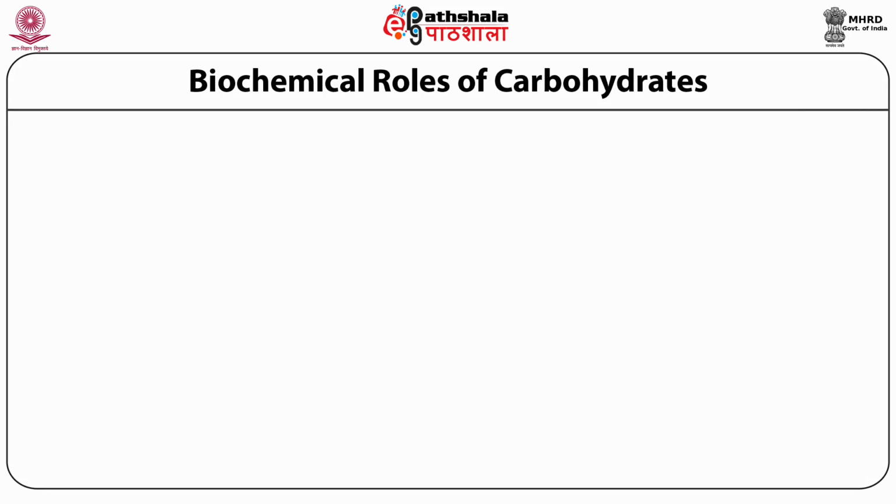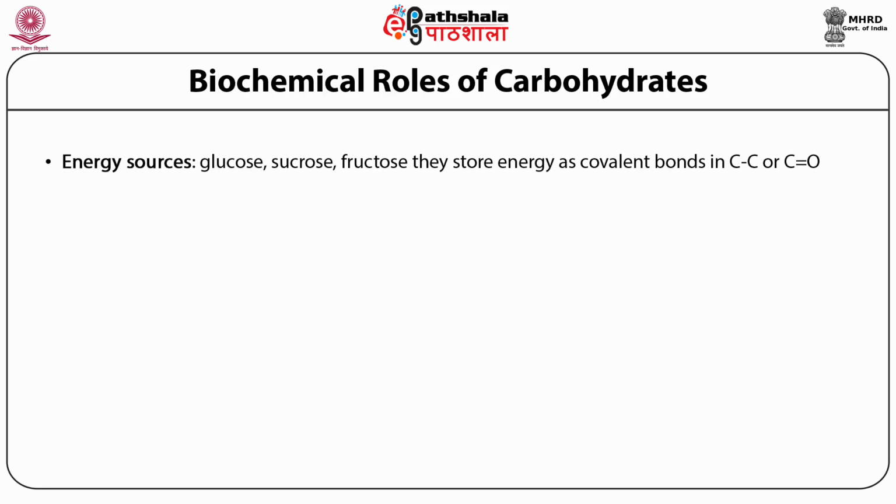So why are carbohydrates important for our body? There are different biochemical roles that carbohydrates serve in our body. The first biochemical role of carbohydrates is that they are very good energy sources, such as glucose, sucrose, fructose. They are all simple sugars, and all of them end in the suffix -ose, O-S-E, as you note here.